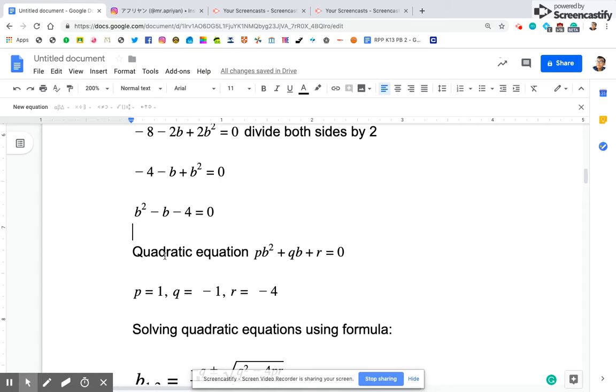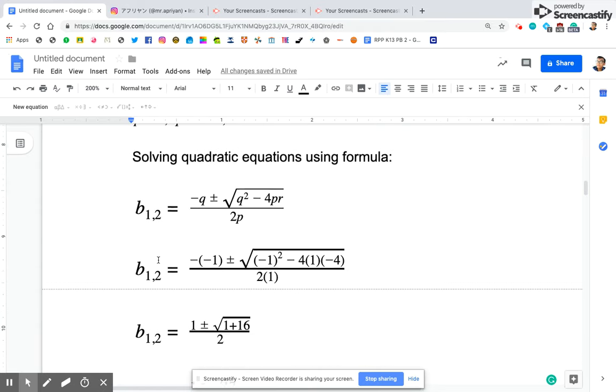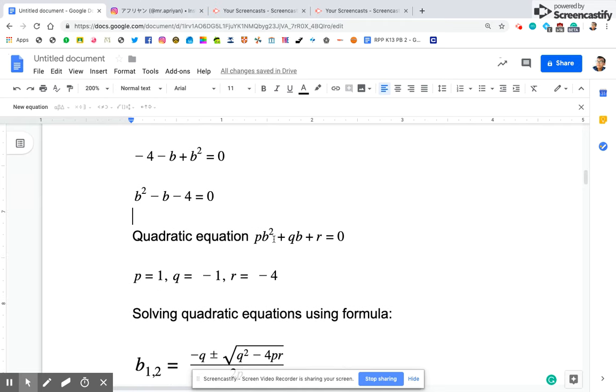In the general quadratic equation, we have p b squared plus q b plus r equals 0. I know this is not common, because commonly it's written ax squared plus bx plus c. But since our equations here use a and b, to make it less confusing I replace the coefficients with p, q, and r.